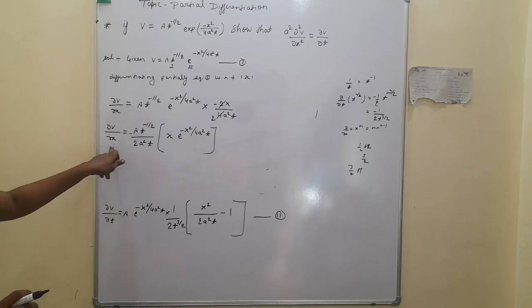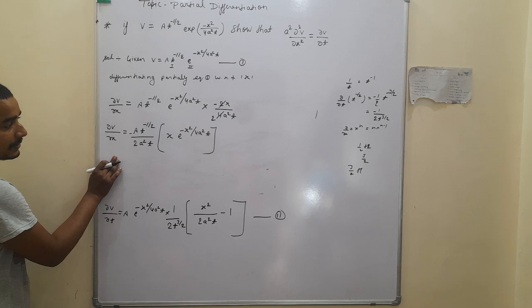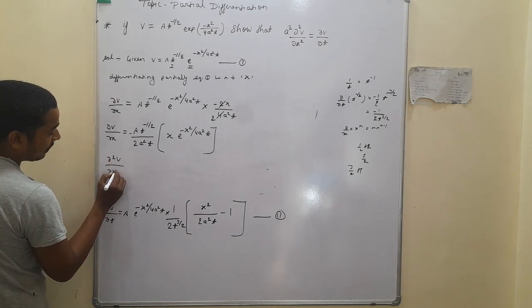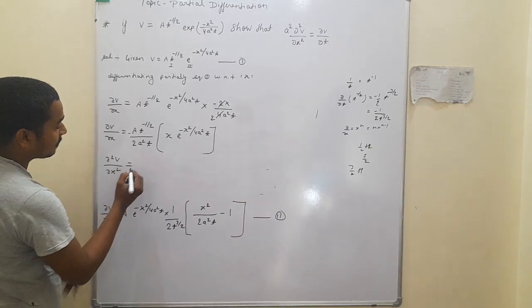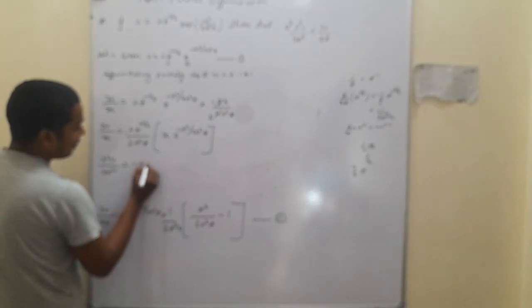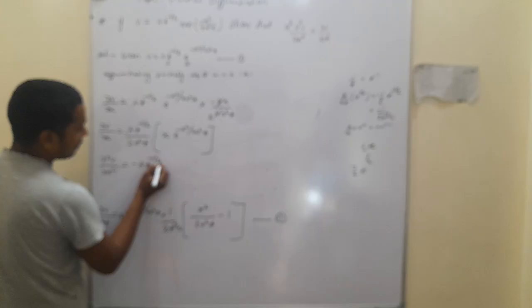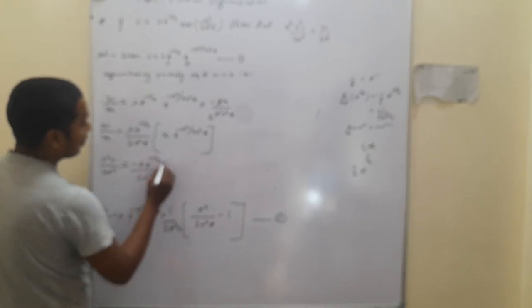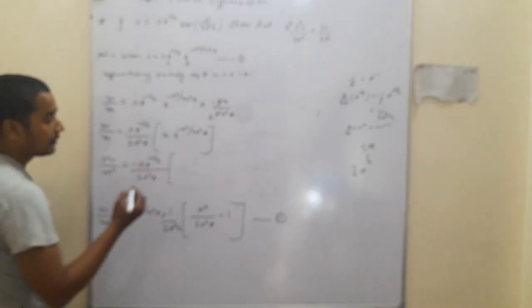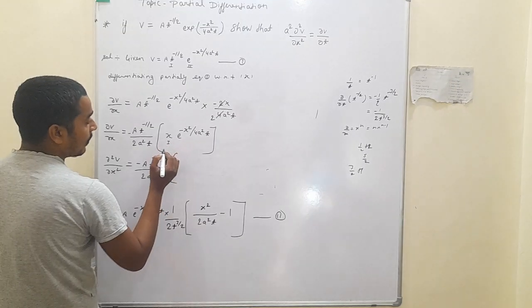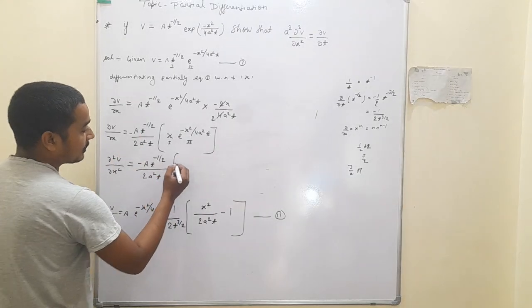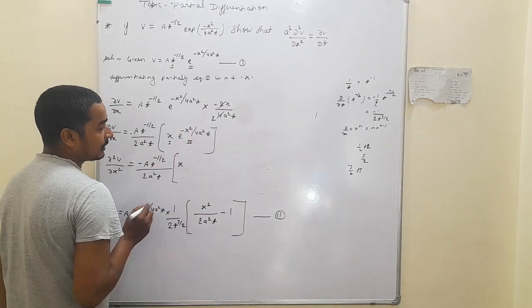Further, we differentiate del v upon del x again with respect to x, treating t as a constant. This gives del 2v upon del x square, and here is minus of a into t to the power of minus 1 by 2 upon 2a square into t, taken out as a constant. Using the product formula, this is the first function and this is the second function. The first function is taken outside and the second function is differentiated with respect to x.